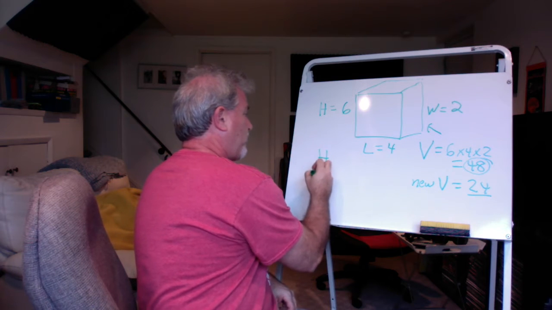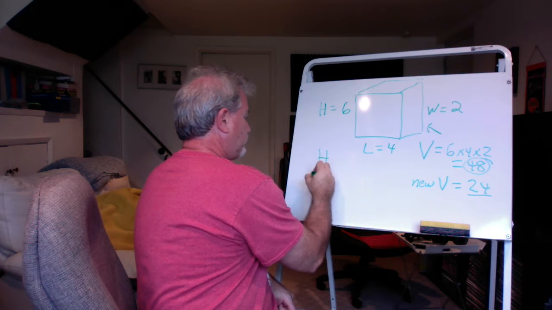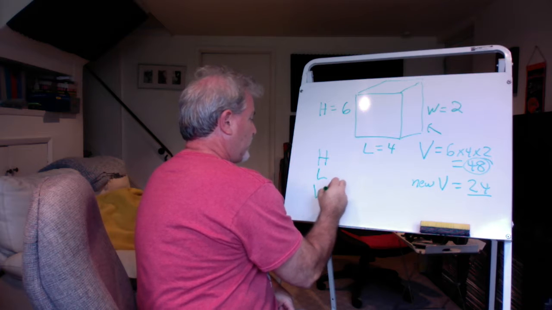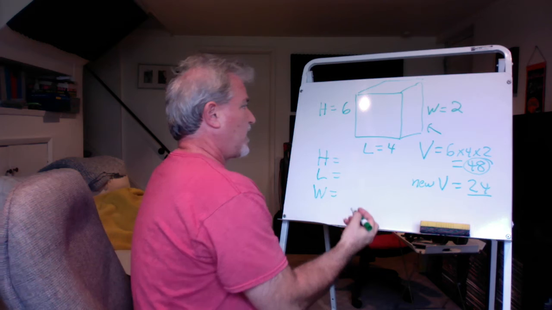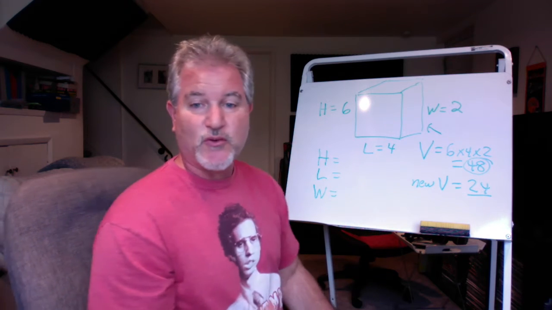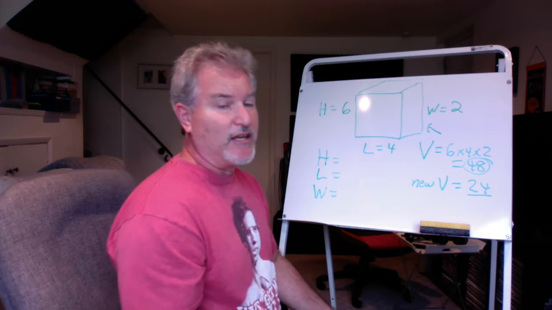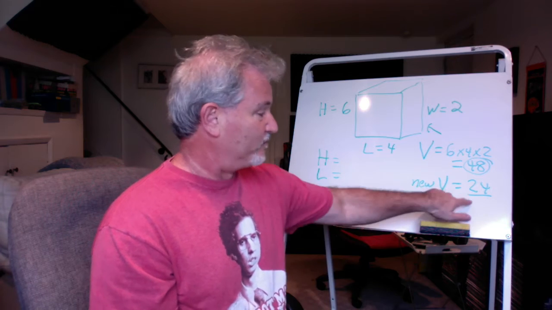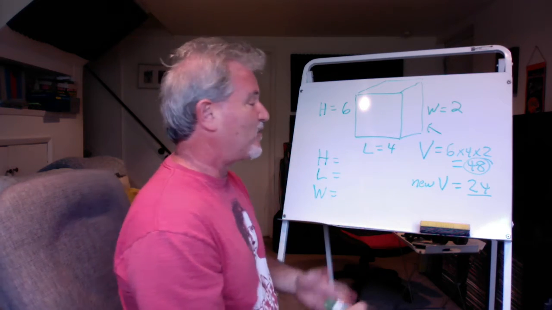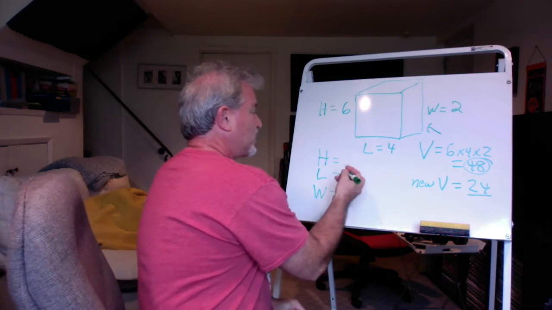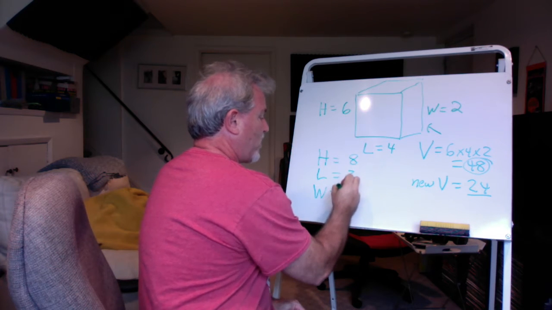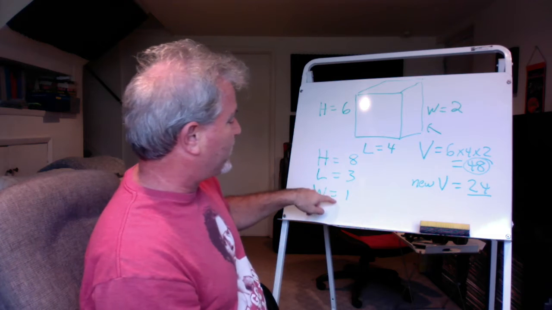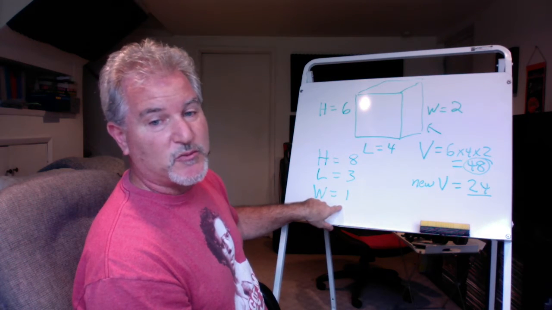So there's many ways you can do this. We know that 8 times 3 is 24. The Math 24 students will have fun figuring this out because there's so many ways to do it. So let's say I'm going to do 8, 3, and 1. 8 times 3 is 24. 24 times 1 is 24.